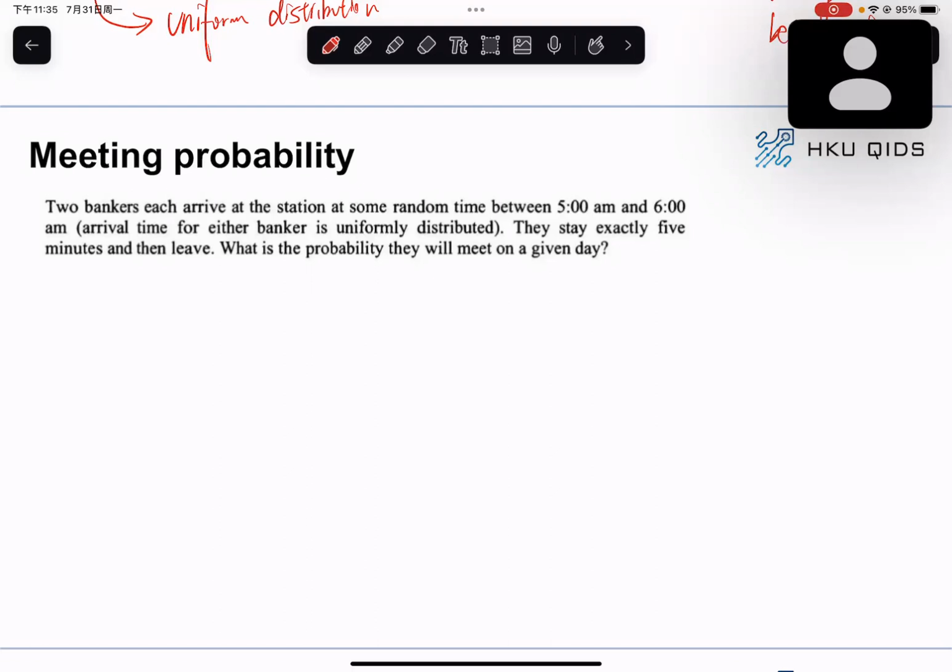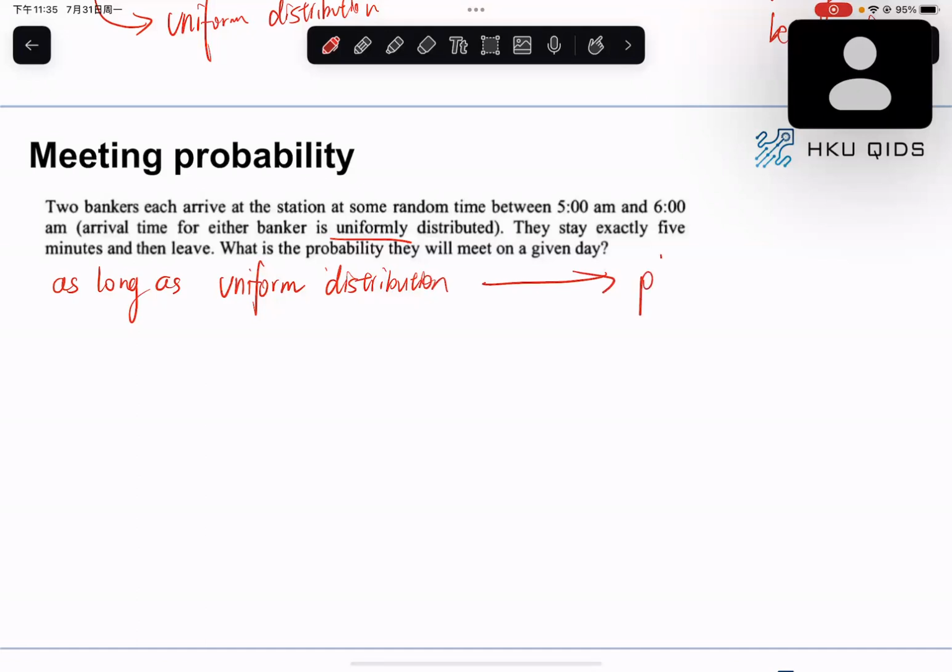So I'm going to introduce one more important principle here. As long as this question is related with uniform distribution, then we can use the plotting method, or I can also call it the geometric method.